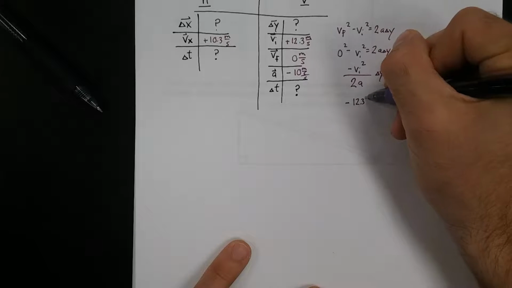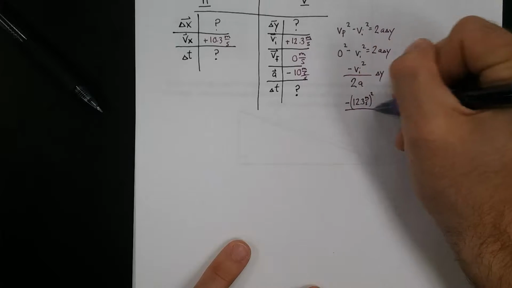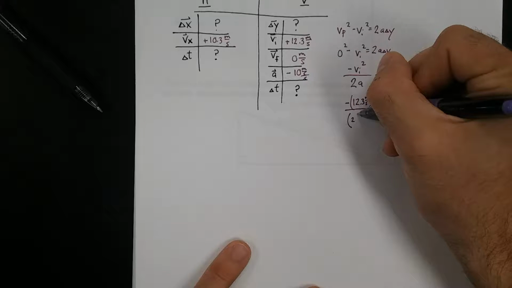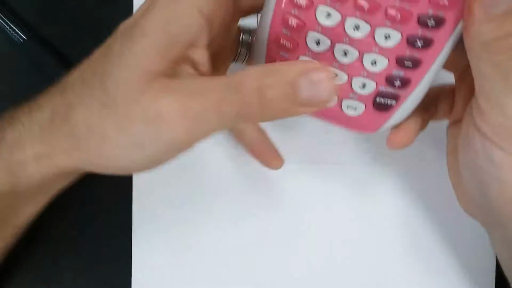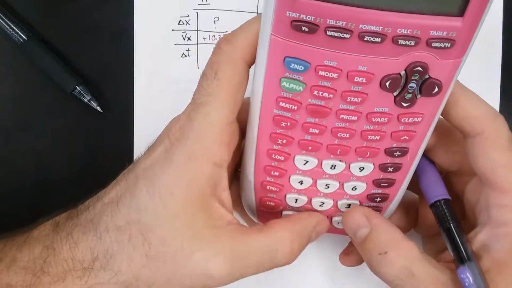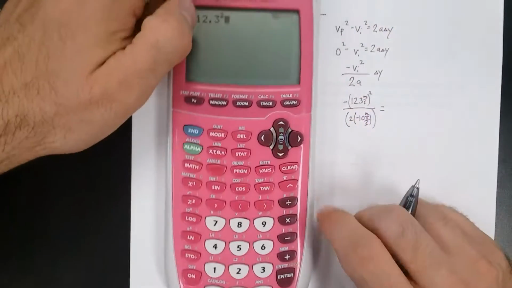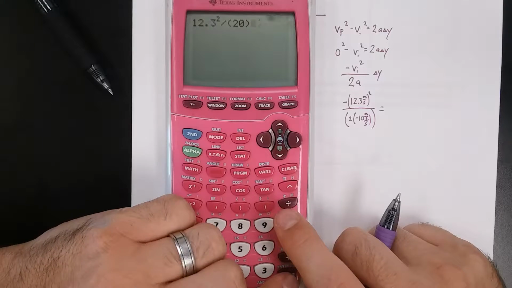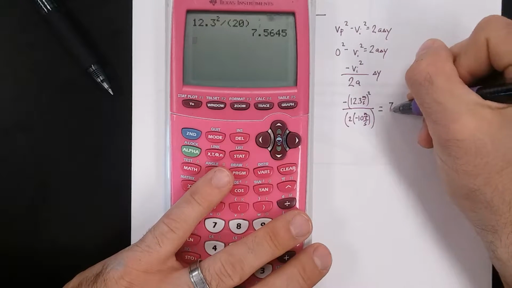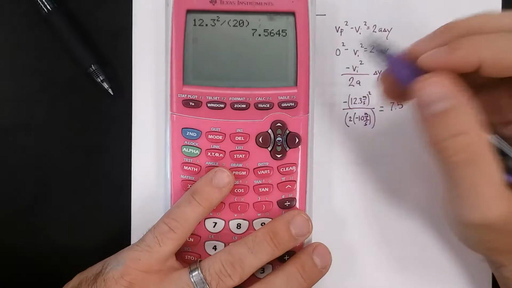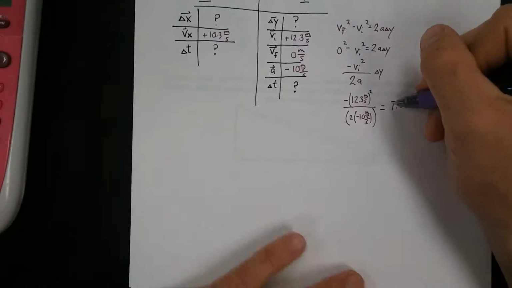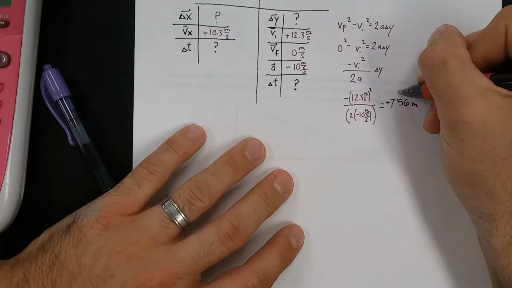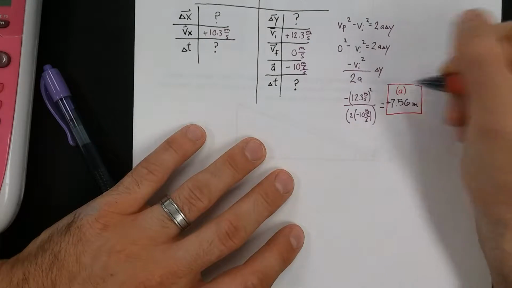Negative 12.3 meters per second quantity squared over 2 times negative 10 meters per second squared. Those negatives are going to cancel out, so this becomes 12.3 squared over 20. That gives me a delta y of 7.56 meters in the positive direction. So I can go ahead and write that in as my answer to A.